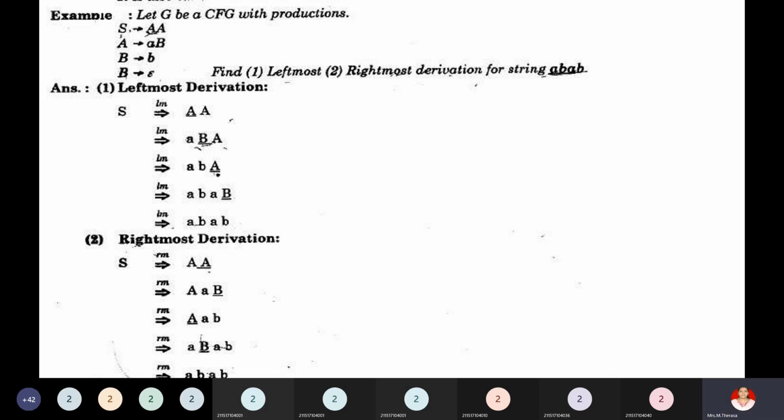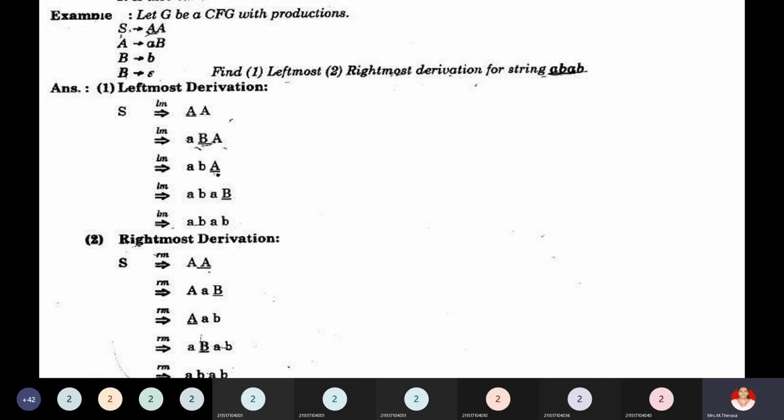Then here you have 2 non-terminals, B and A. The leftmost non-terminal is B, so the B is replaced with epsilon. And you have only one non-terminal, capital A, which can be replaced with aB, and then the B is replaced with b. So at last we are able to get ab.